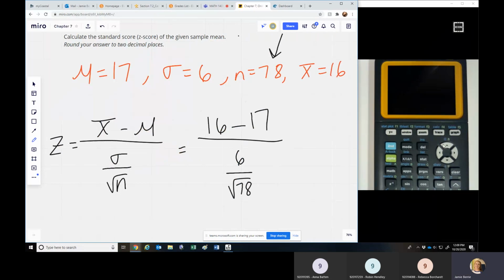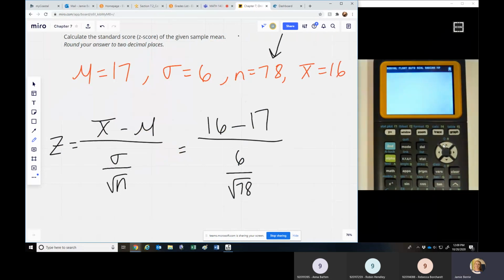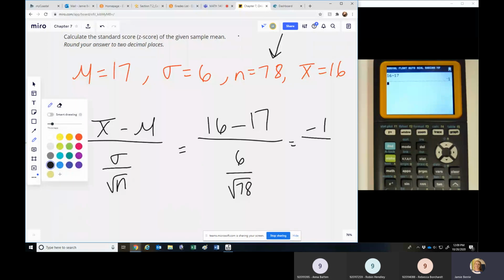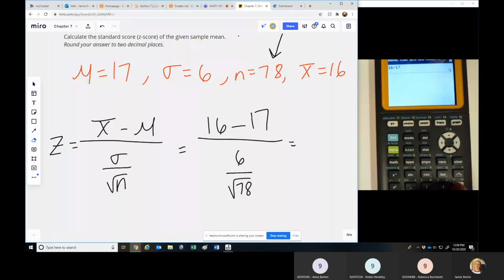All right, now let's plug this in. I'm going to do this in 2 steps. I'm going to do the numerator first. 16 minus 17 is, of course, -1. Let me erase this part here, I don't need to write that. So now I have -1, and then I'm going to hit divided by.